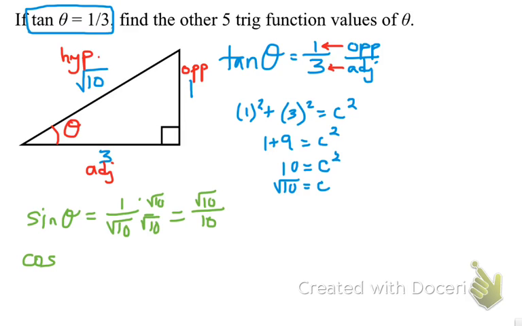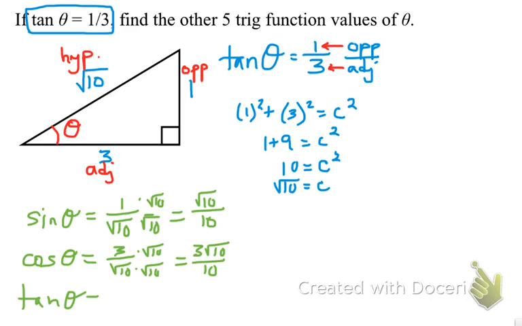The cosine of theta is adjacent over hypotenuse, rationalize, and we get 3 root 10 over 10. Tangent we were given, so we don't need to calculate that.